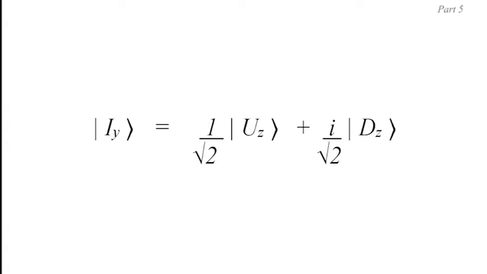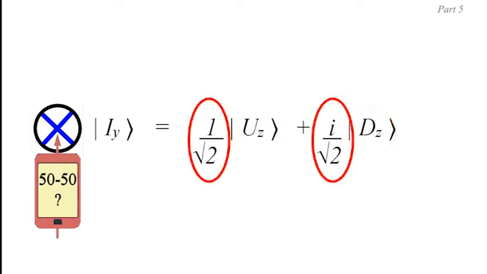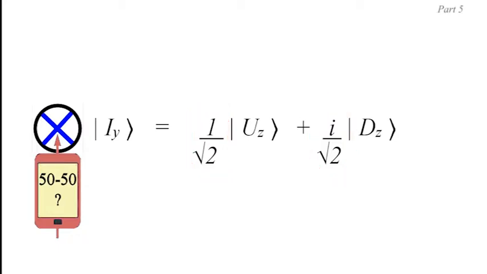The state is normalized. And the same idea goes for the probabilities. If you have an electron in this state, its spin is definitely pointing into the screen in real space. However, if you then measure the component of the spin in the z direction, there is a 50% chance of the spin being up in the z direction and a 50% chance of it being down. The so-called square of each of the components is a half, remembering here to use the product of the coefficient times its complex conjugate for the one with the i in.